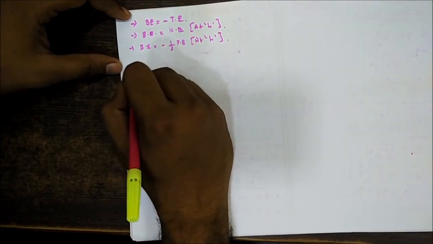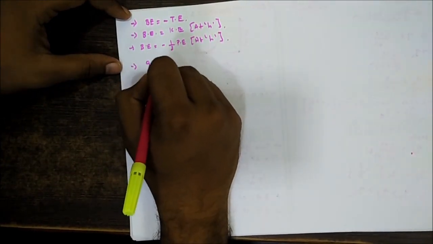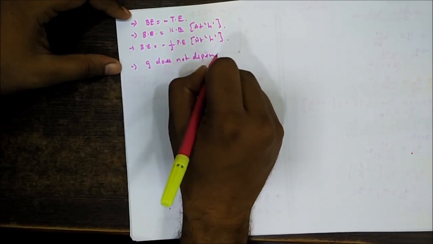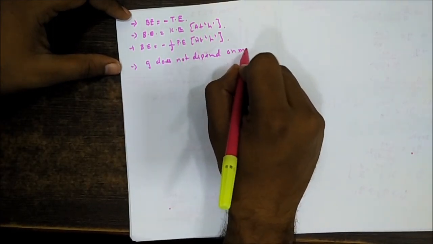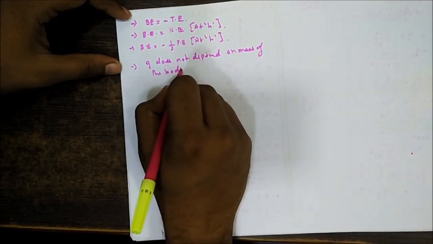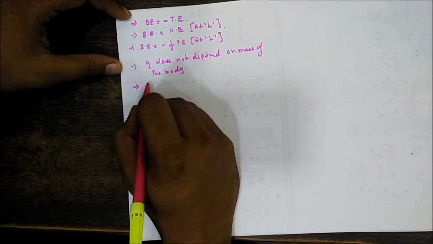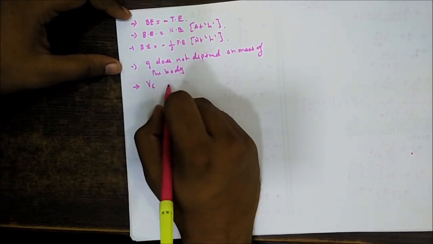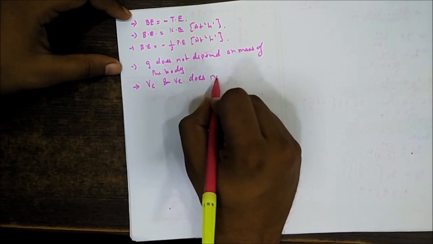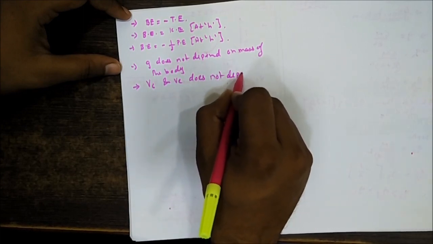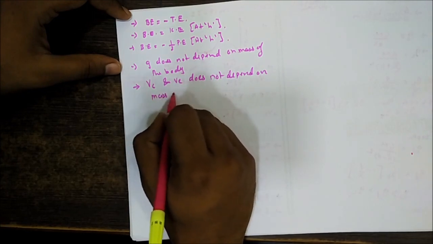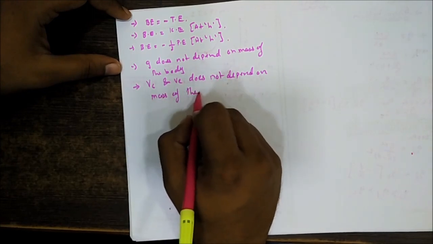Okay, now g does not depend on mass of the body. Also Vc and Ve do not depend on mass of the body.